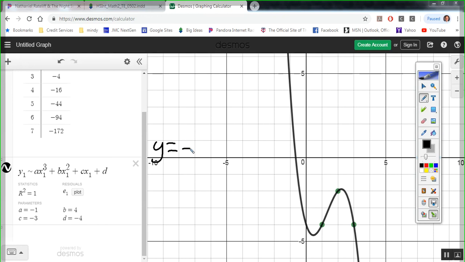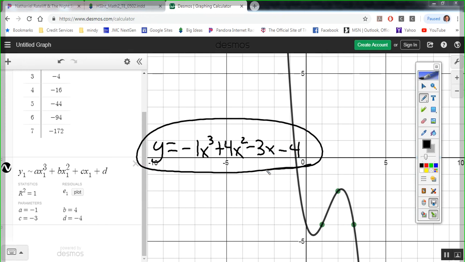So it becomes -1x to the third, and then bx squared, so plus 4x to the second, plus cx, which would be minus 3x, and then minus 4. There it is right there, kids.